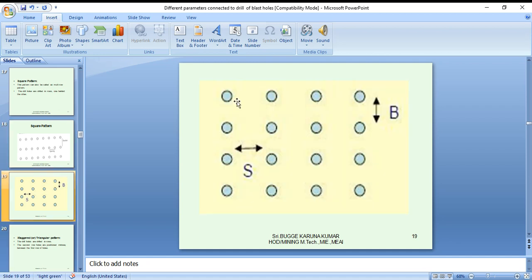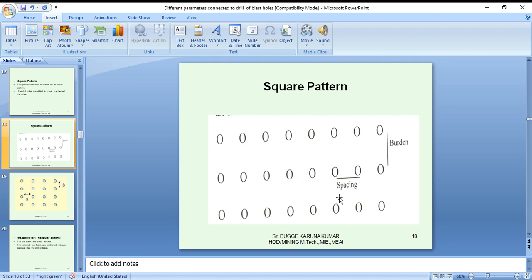Another figure is also very clear: four holes on one side, another four holes, a rectangular shape of drill holes. But firing is different. The holes are prepared in a specific manner of patterns, like square and rectangular patterns.